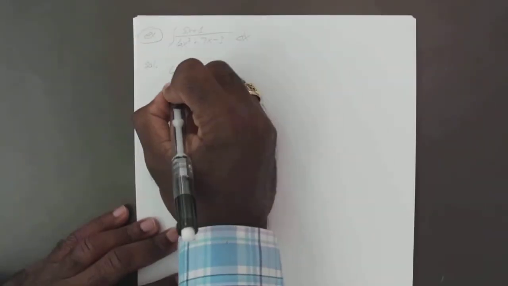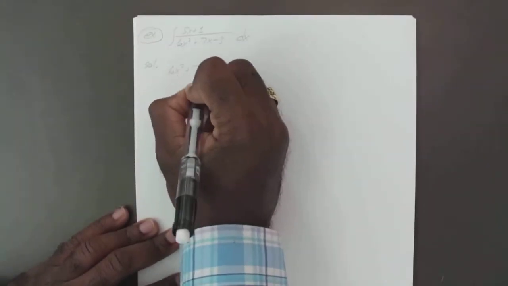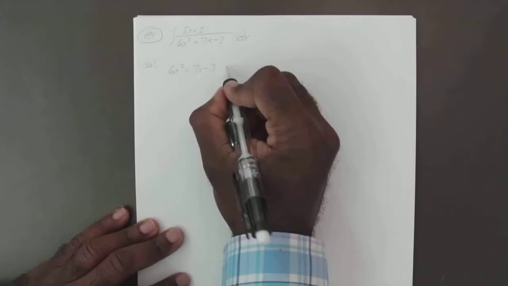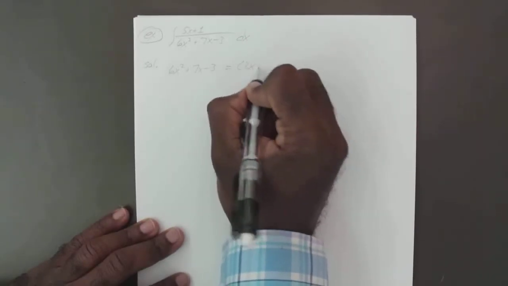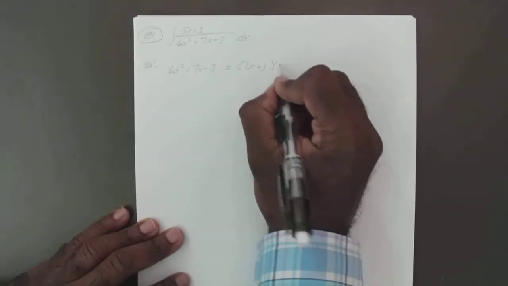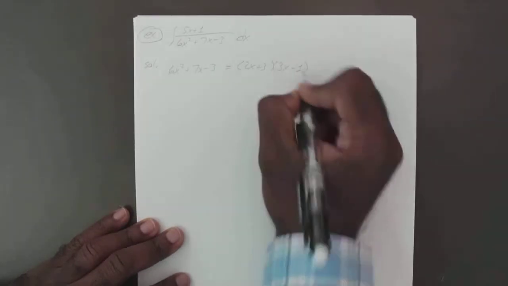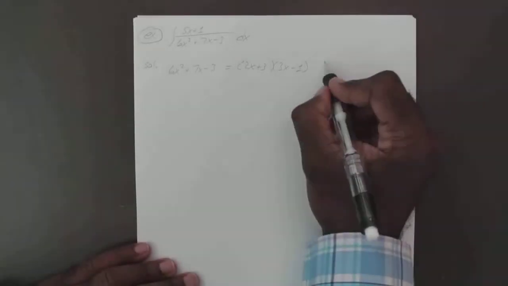Okay, so we know that 6x squared plus 7x minus 3 is actually equal to 2x plus 3 times 3x minus 1, okay, which are non-repeating linear.